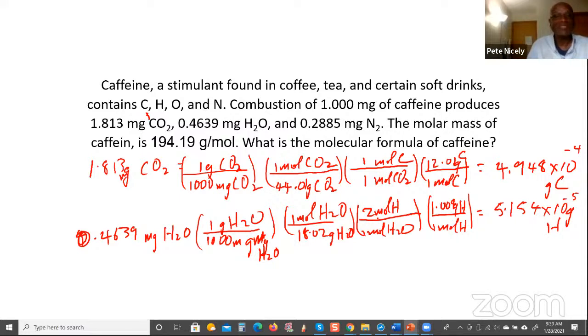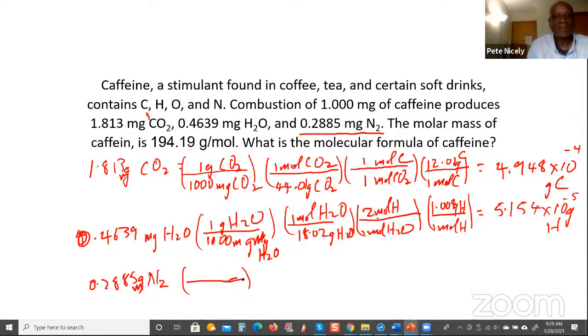All right, so we have found the mass of carbon and hydrogen. And we also have the mass of nitrogen, because according to the question right here, the mass of nitrogen is 0.2885 milligrams of N2. So to deal with that, we're going to put 0.2885, well, this should be milligrams, okay?